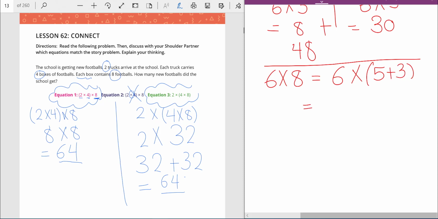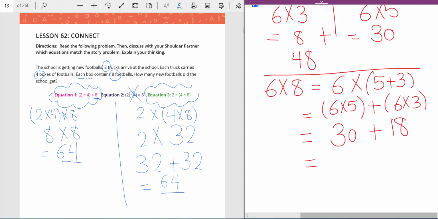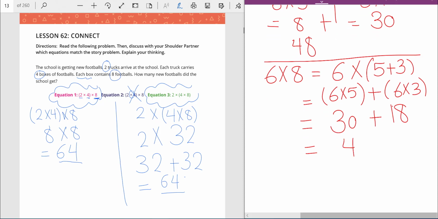Then distribute 6 between 5 and 3. So 6 times 5 at first, then plus 6 times 3, and get the result of each bracket. 6 times 5 equals 30, and 6 times 3 equals 18, and we get the result 30 plus 18 equals 48. Ones plus ones and tens plus tens.